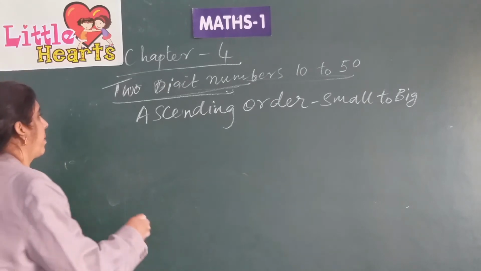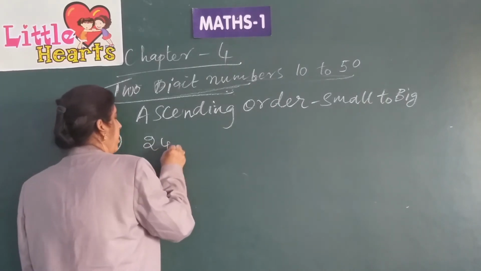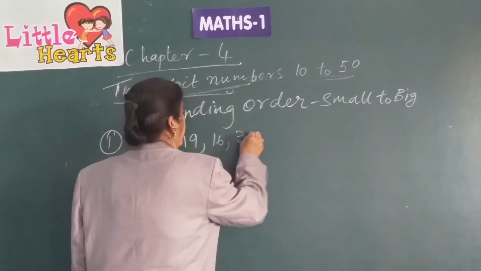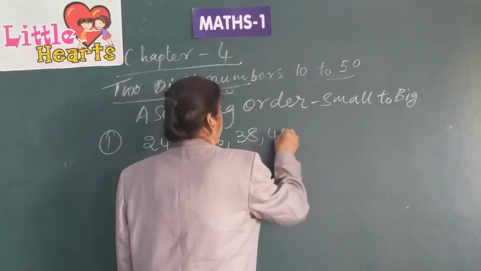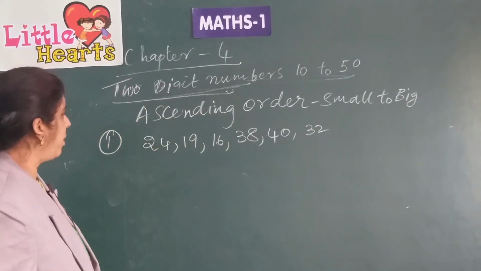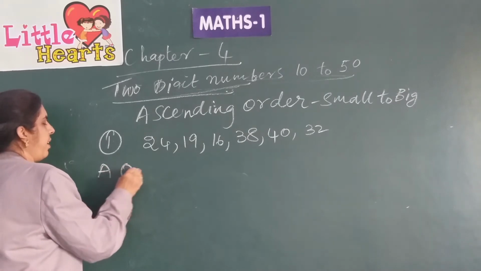So, take a set of numbers. Now arrange them in ascending order, small to big, A-O, ascending order.